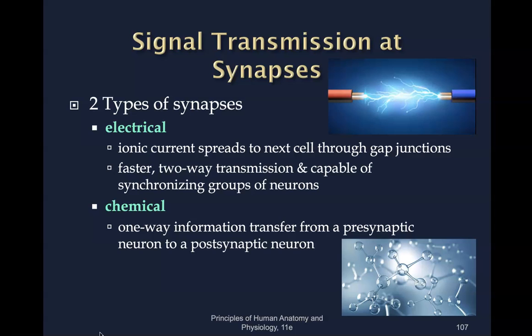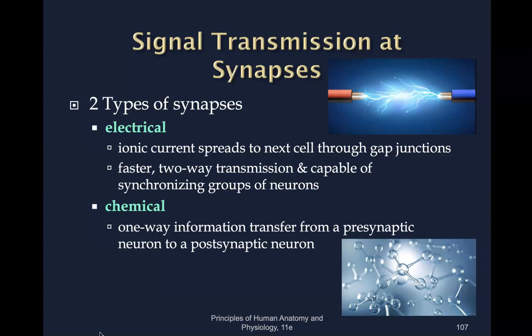And so as sodium's brought in, it will move from the interior of one cell to the interior of the next cell through these gap junctions, okay? So this is a really fast way to transmit that electrical impulse. And it's really capable of synchronizing groups of neurons or groups of cardiac muscle cells, okay?